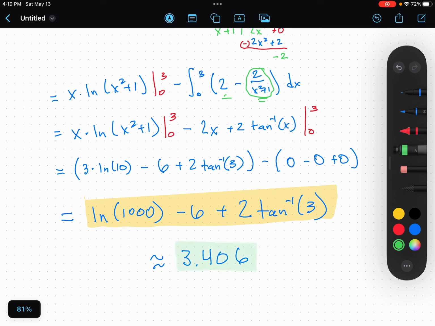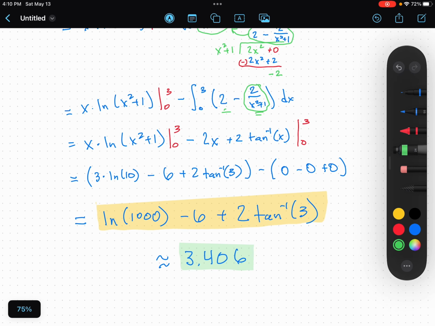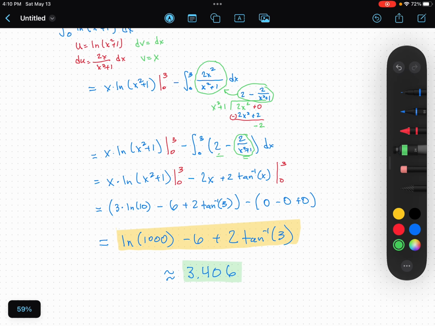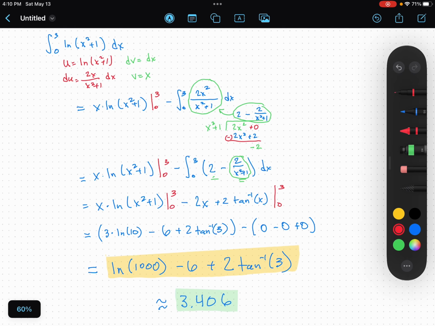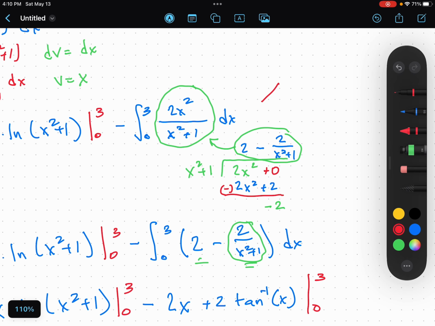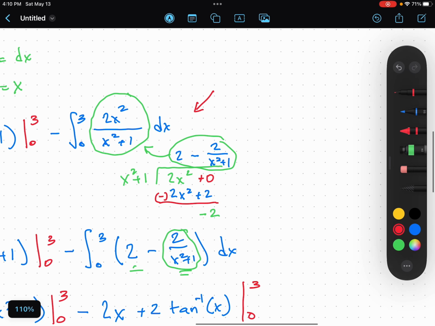I double checked it on mine, and so there is a little success here with some perseverance, but this is the idea. We have to do integration by parts, and then this thing that I did over here is called reducing an improper fraction.